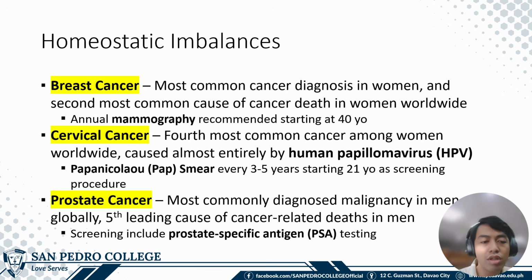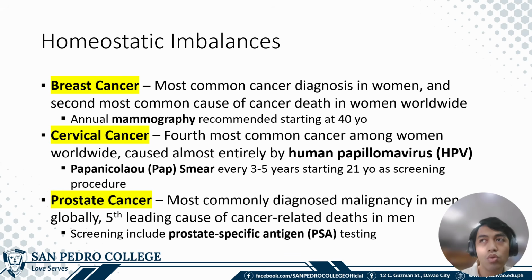Another screening method in order to detect the early development of cervical cancer is through pap smear or your Papanicolaou smear, which is done every 3 to 5 years, starting 21 years old, as a screening procedure, especially for those people who are sexually active, because you can get the human papilloma virus from sexual intercourse.